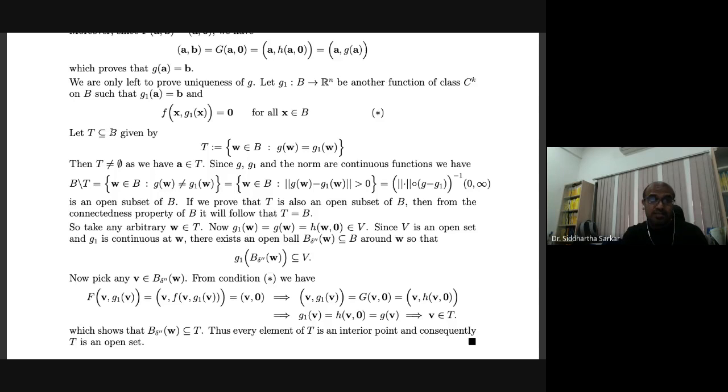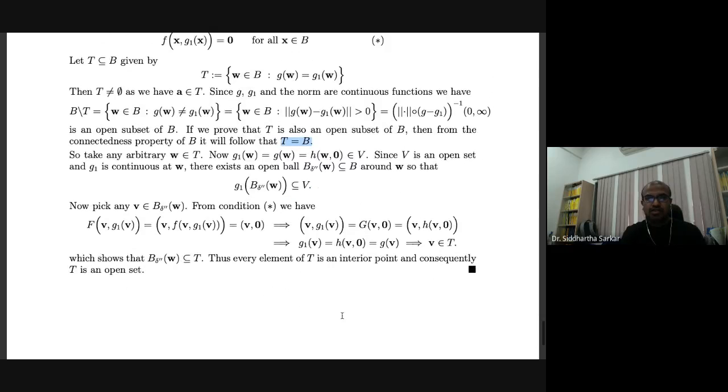Writing it as a disjoint union of two open sets is not possible, so it forces at least one of them to be empty. But T is non-empty, so B minus T has to be empty. So it will immediately establish that T is equal to B. Okay, so that's not too difficult.